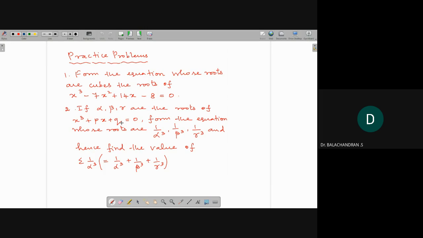So how to proceed with this problem? Please tell. Y is equal to x cube. Okay, so this is the procedure, y equal to x cube.